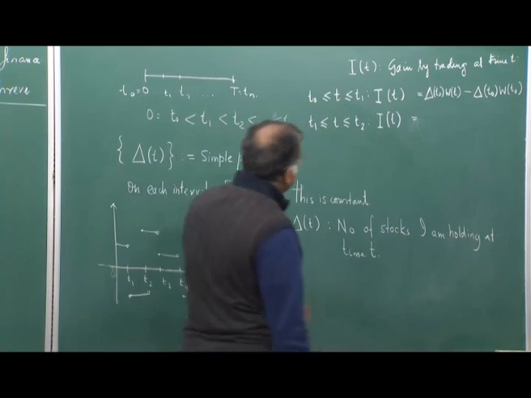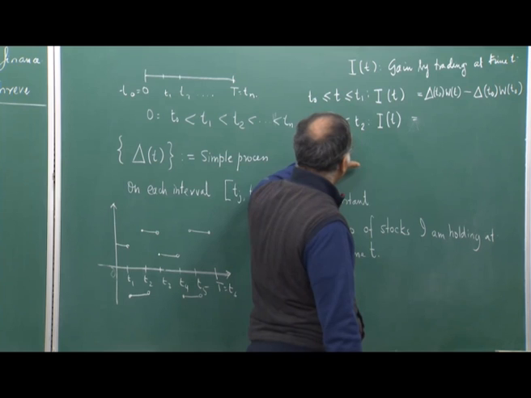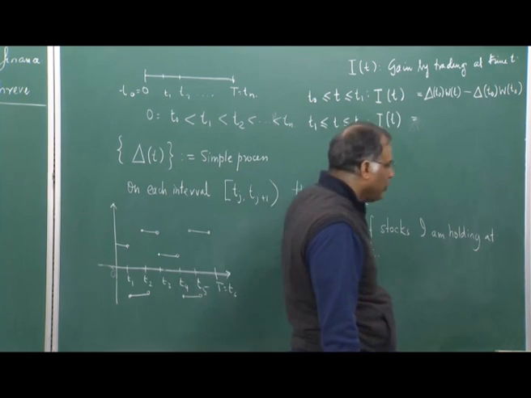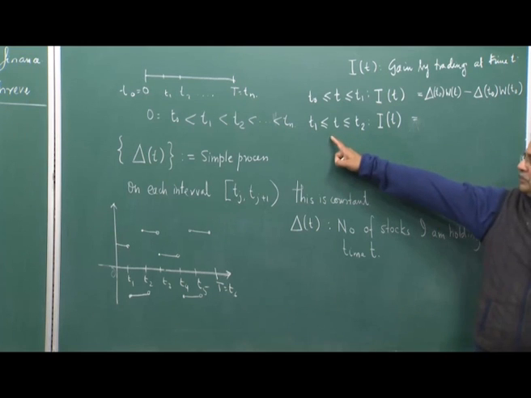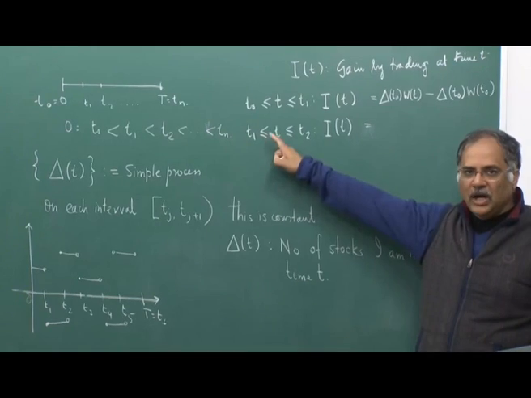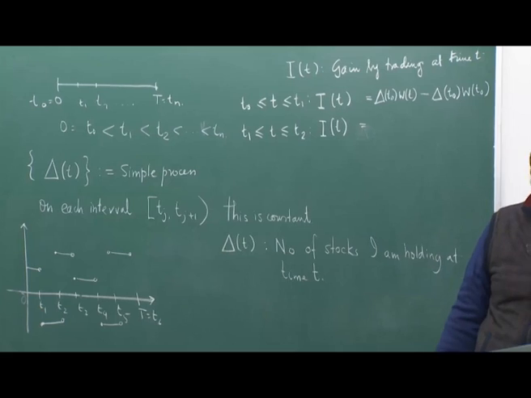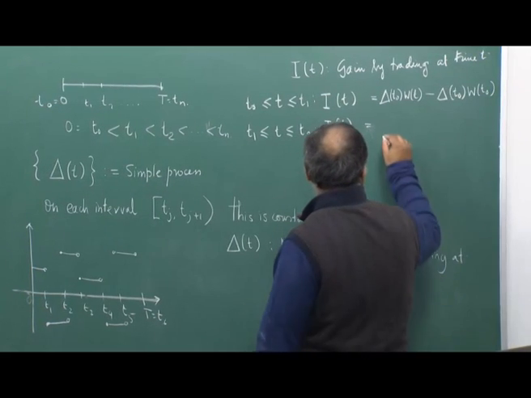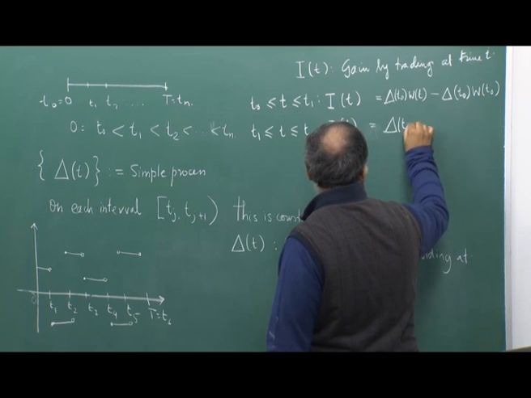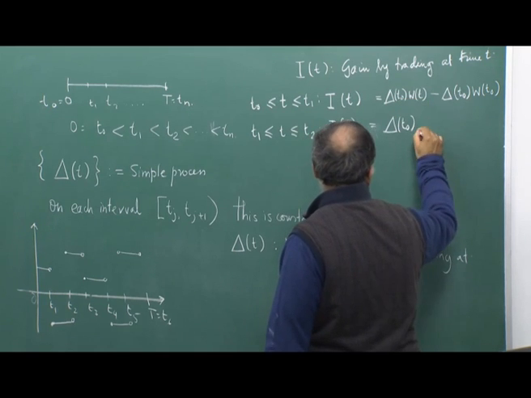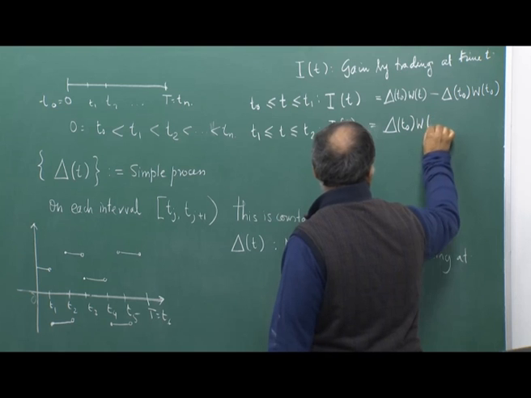So, what happens when I say t is between t1 and t2? It means I have held the stock Wt0 up to the time t1. After that I will change it. So, at time t1 I sell my stock, which I bought at time 0, with the price Wt1.